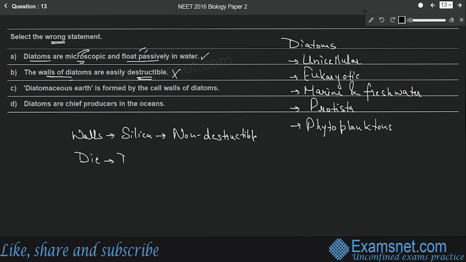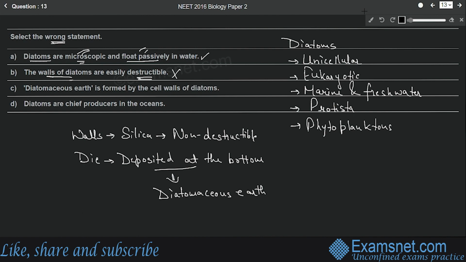It gets deposited at the bottom of the water body, and it forms diatomaceous earth, because it contains the cell walls of diatoms.